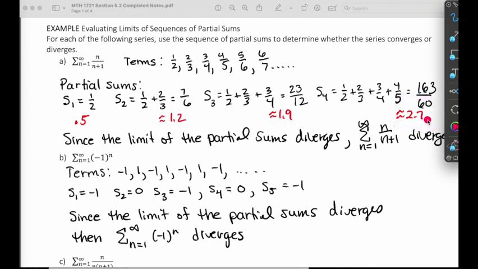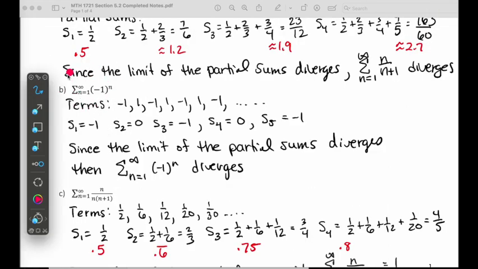If I continue that pattern, notice that these values are growing and growing, and they're not approaching a specific value. So the limit of the partial sums does not converge. This is just going to continue to grow and grow. So since the limit of the partial sums diverges, we would say the series diverges.